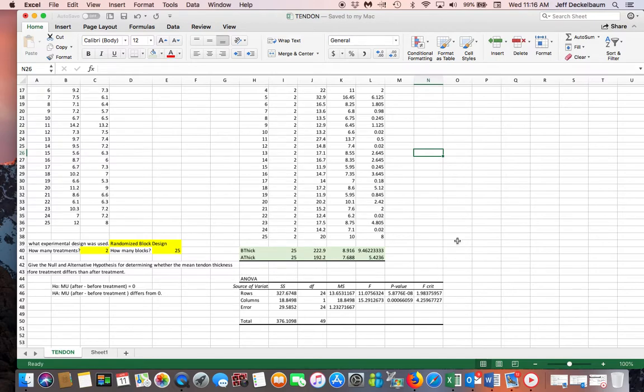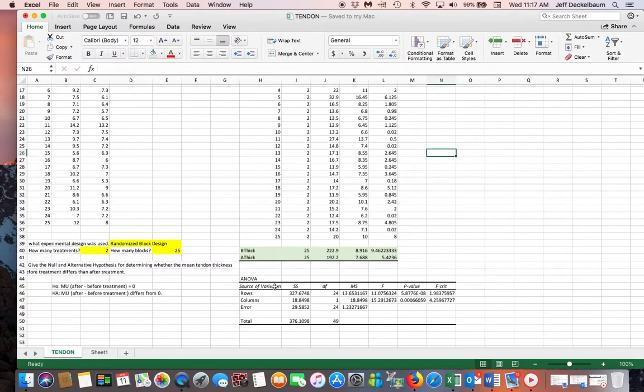So here, down below, we have our ANOVA table, which really gives us our source of variation. Since Excel gives us rows and columns, I like to type next to rows, this is our blocks. Our columns are our treatments, before and after.